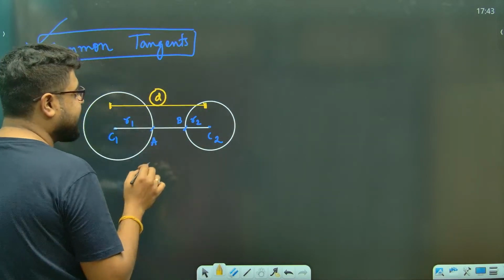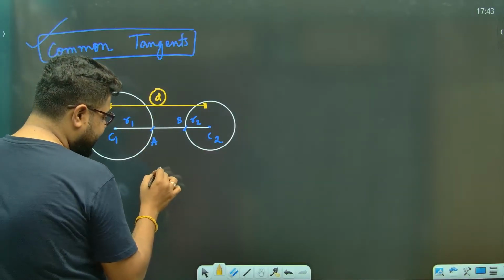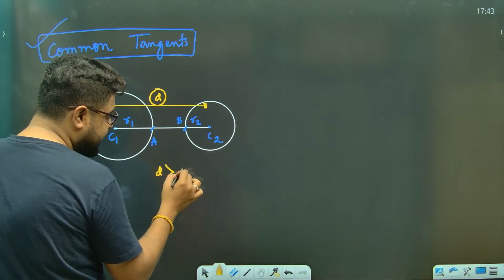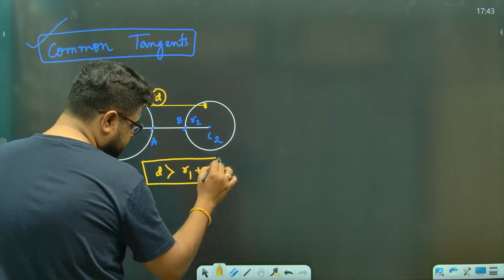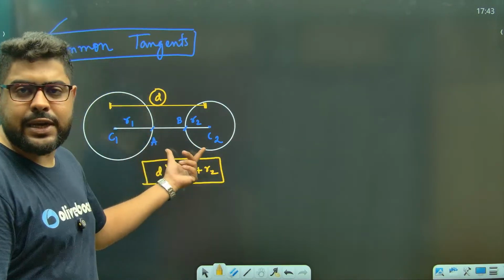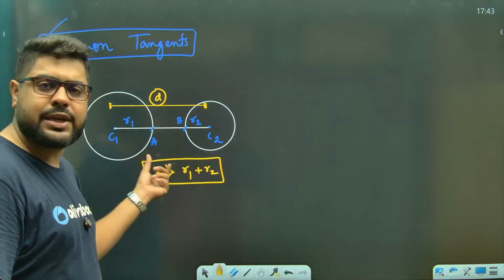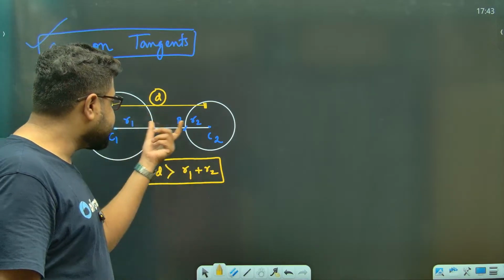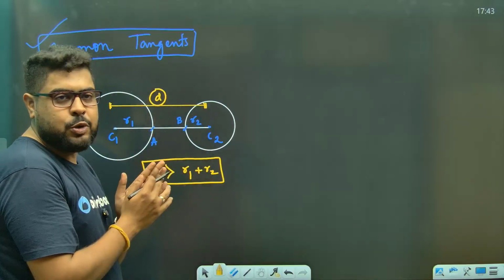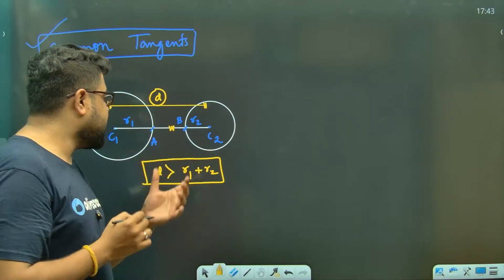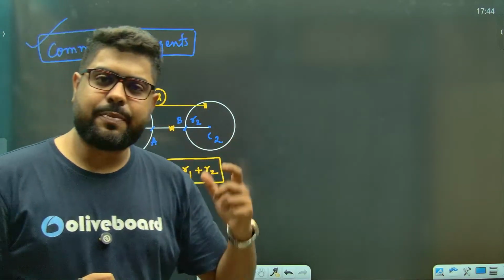Please understand, can I say D is greater than R1 plus R2, sir? सोच के देखो, sir. The distance between the centers of these two circles is greater than the sum of the radii. So R1 is खत्म here, R2 is खत्म here. So this is the extra part, na, sir. That AB is the extra part.